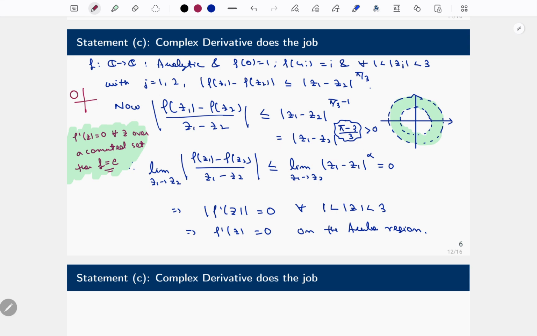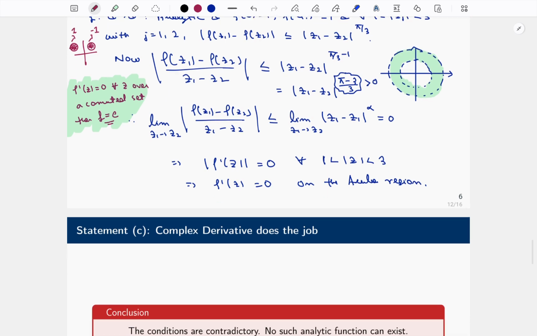You can choose a domain like this, a ball here and a ball here, then you can define f to be, let's say, 1 here and minus 1 here, and if you calculate the derivative of f, it will come out to be 0. But f is not constant, right? f is constant locally, but f is not constant on the whole domain if you consider this to be the domain. And observe, this is not a connected set.